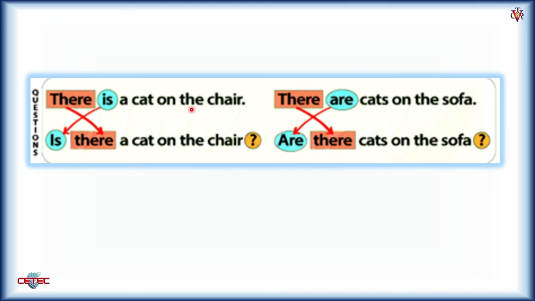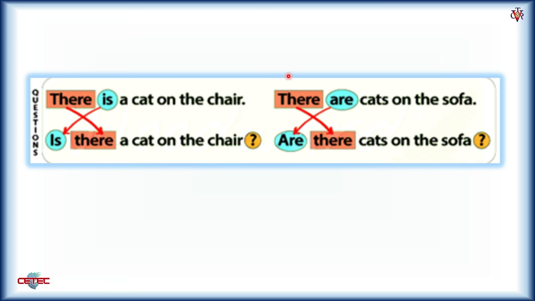The rest of the text is going to be similar. But don't forget, question mark at the end. Is first, there, and complement. Is there a cat on the chair?